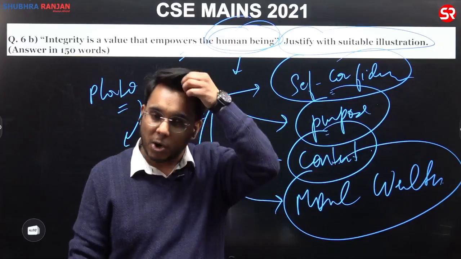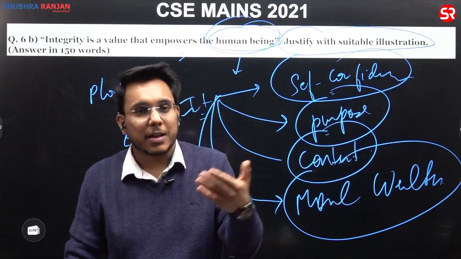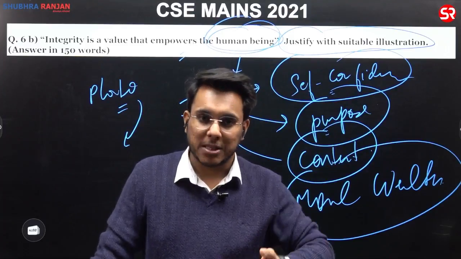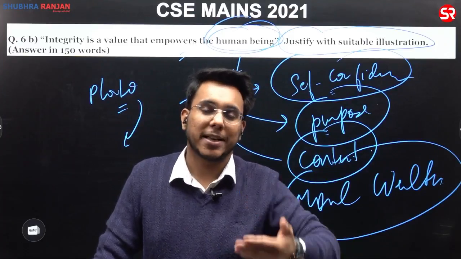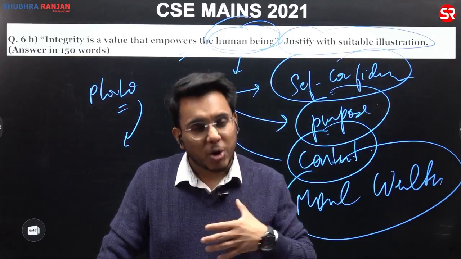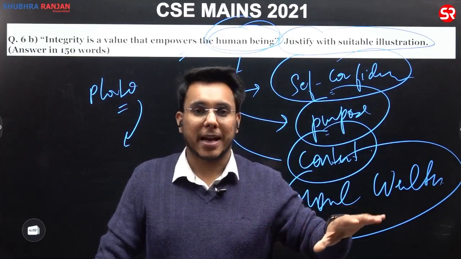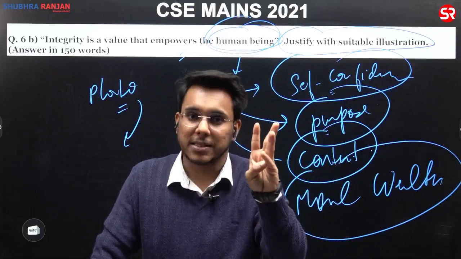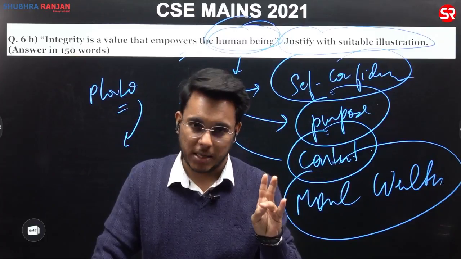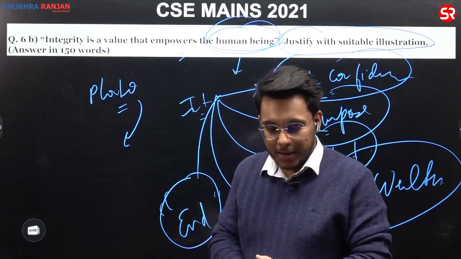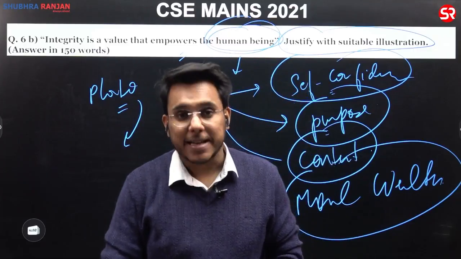S. Manjunath was working with IOCL, and Satyendra Dubey was working with the Golden Quadrilateral project. They did not even bother about their life. They compromised their life, but they kept their integrity intact. So these examples you can give here. Okay. Is this thing clear to you?